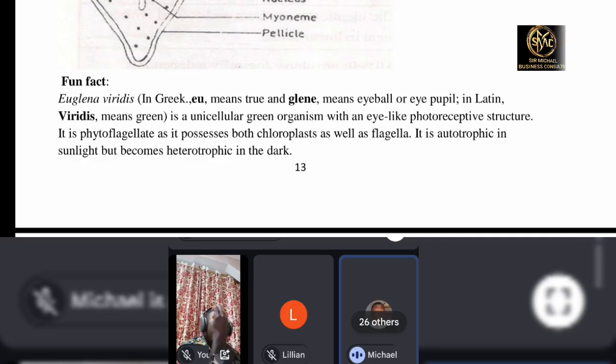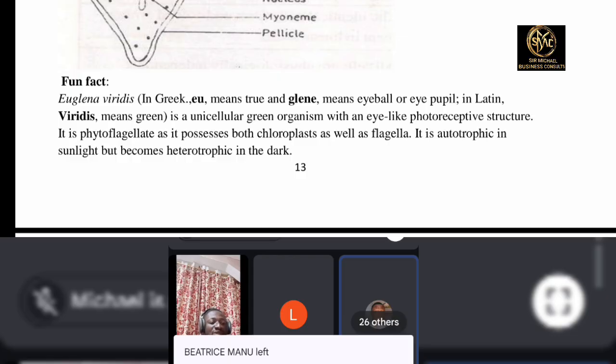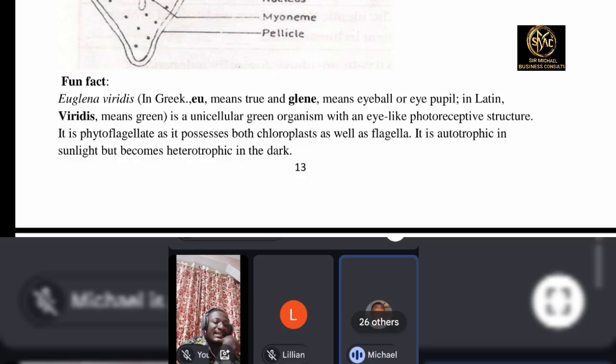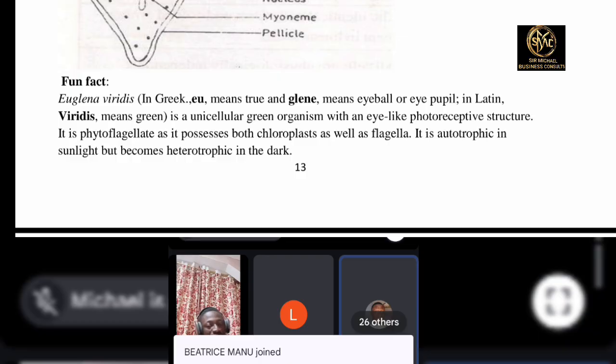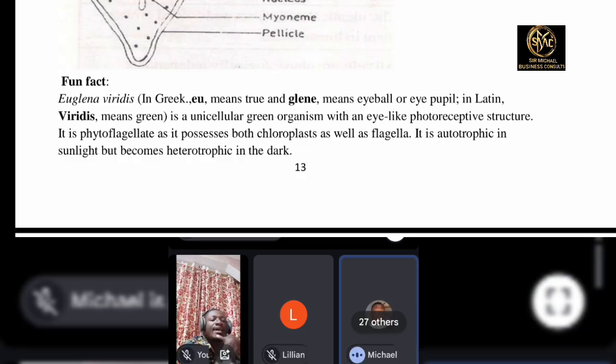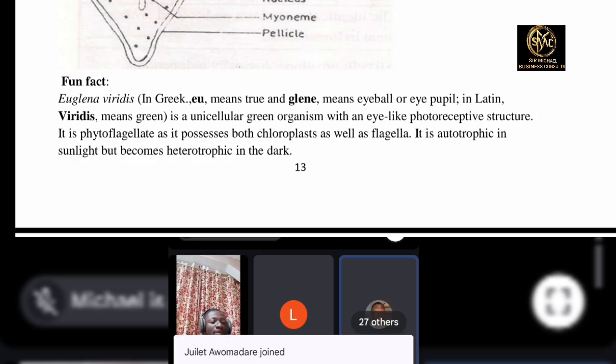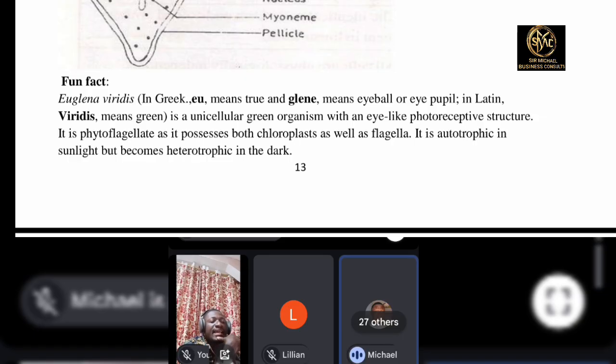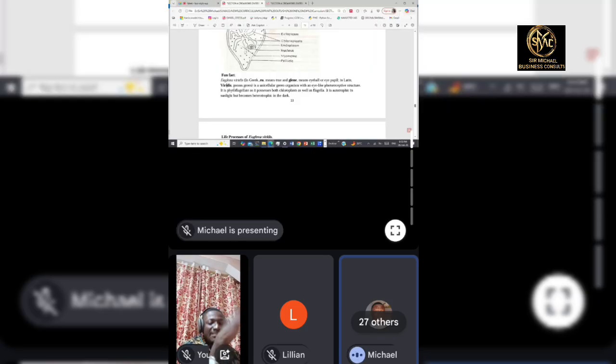So it can perceive light presence. And it is a phytoflagellate. So it's a flagellate, and phyto here talks about plant life. So phytoflagellate, as it possesses both chloroplasts as well as flagella. So anytime you hear phyto, it refers to a plant-like structure. So it is a flagellated organism that has plant-like features.